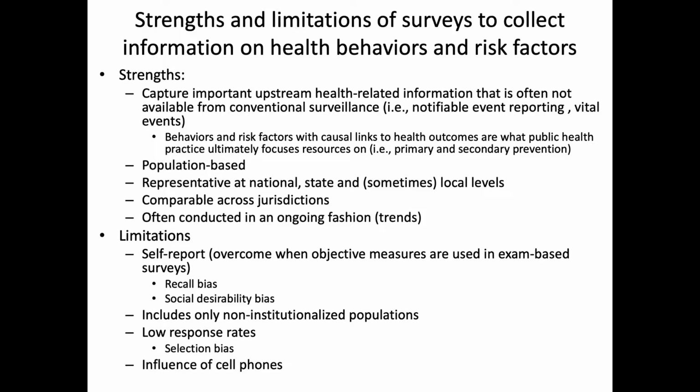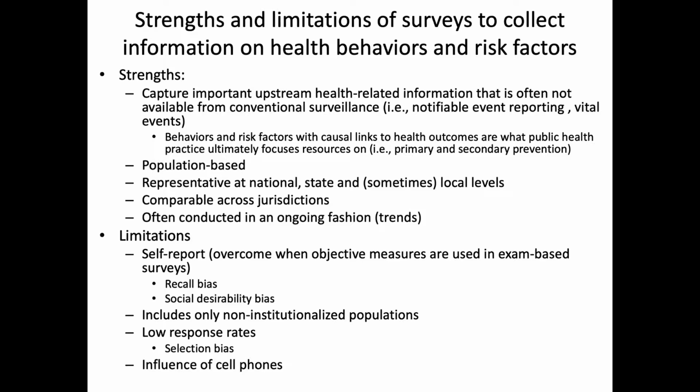So, we're interested in things like preventing the seasonal flu, for example. We really can only inform ways to do that by understanding who's getting flu shots and who's not, for example. Other strengths, they're population-based, they're representative at national, state, and sometimes at local levels.